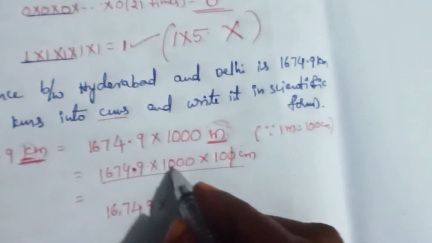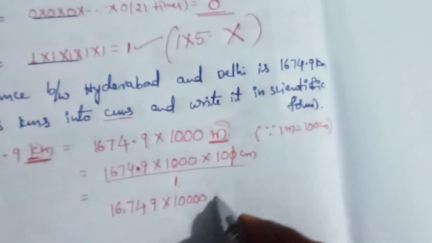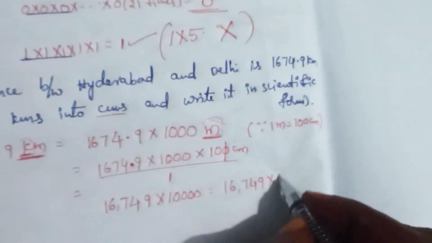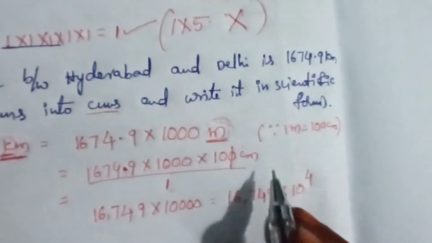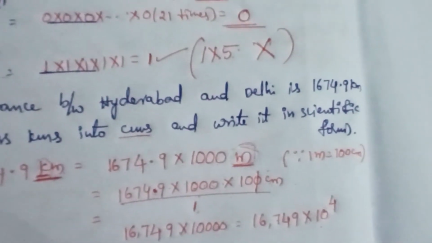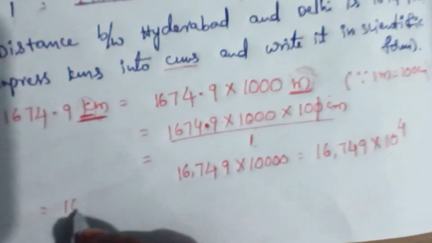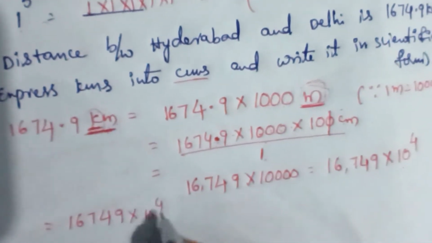16,749 into 1 2 3 4 zeros, that is equal to 16,749 into 10 power 4. But this is not scientific form. That's why I write like this: 16749 into 10 power 4.